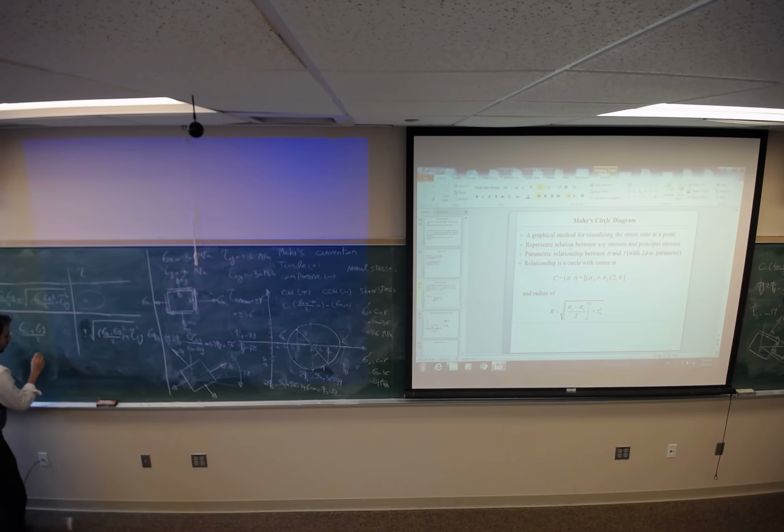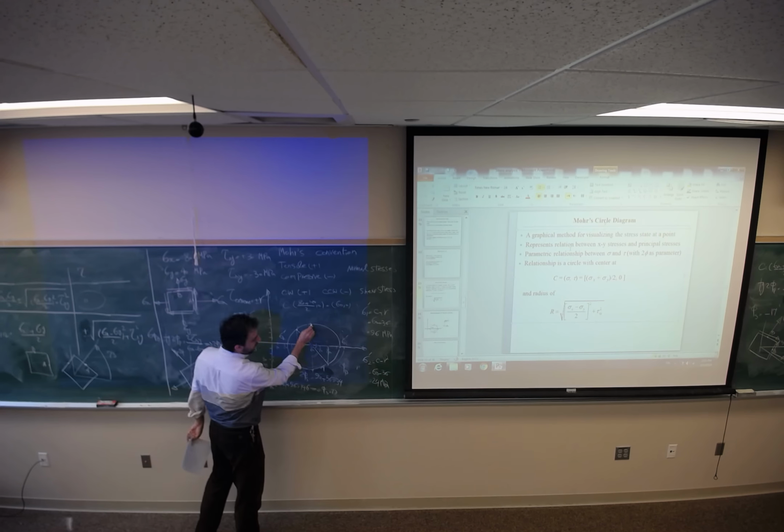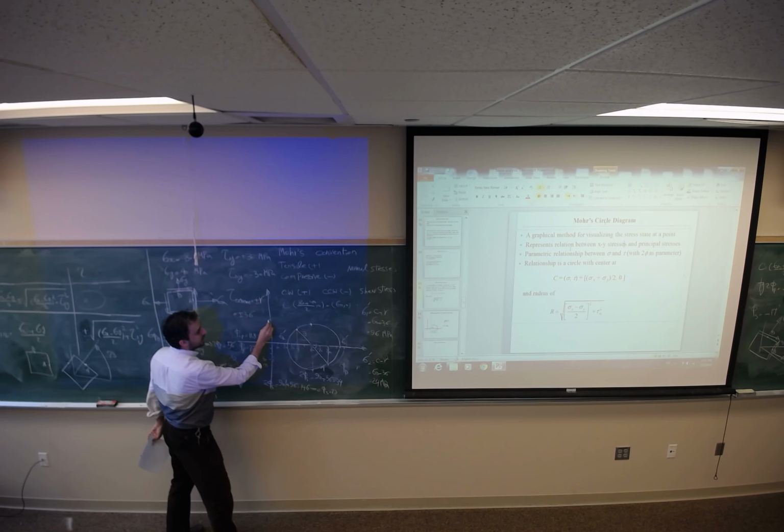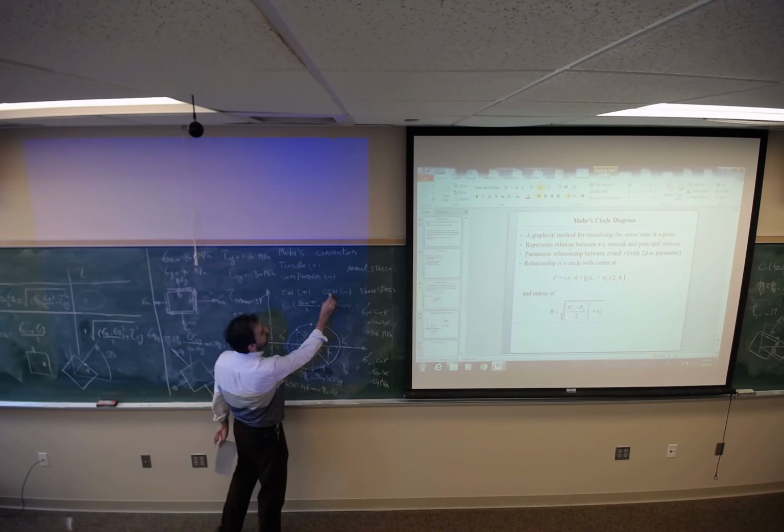So if this is the original, point B, point A, I rotate it by 73 degrees. What are the coordinates of point A? Point A right now is going to be here. Point A is going to see positive 36 as the shear stress, and positive is clockwise.